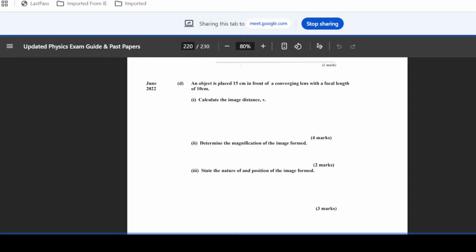Alright, let's continue. So we're going to do an example of how to use the lens formula to calculate image or object distance, or whatever it is, or focal length.